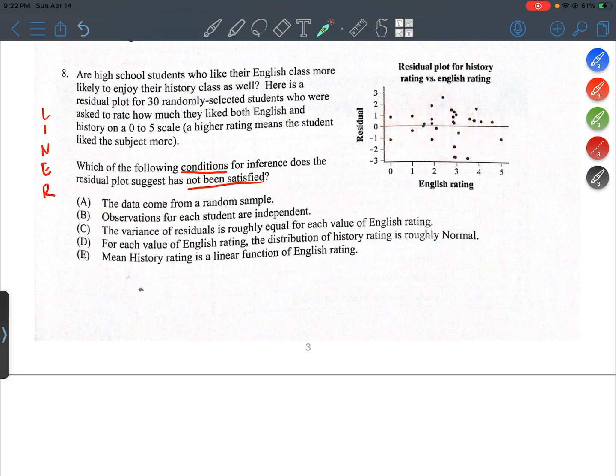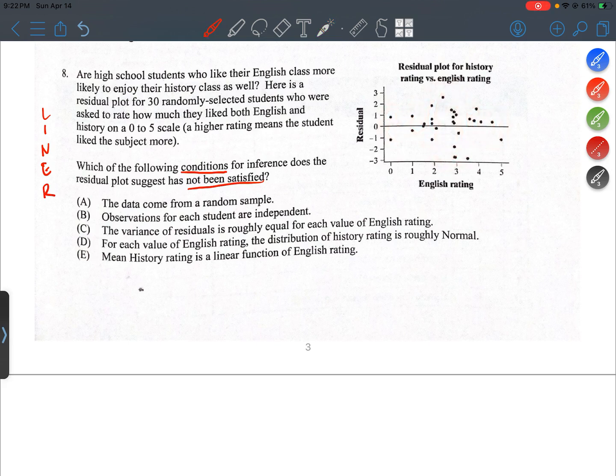And we can see here that it's pretty consistent, except in the middle there's a lot more variation. It goes from almost a positive 3 to about a negative 3 residual right here in the middle, whereas everywhere else, for the most part, there's a lot less variation. It's just here in the middle.